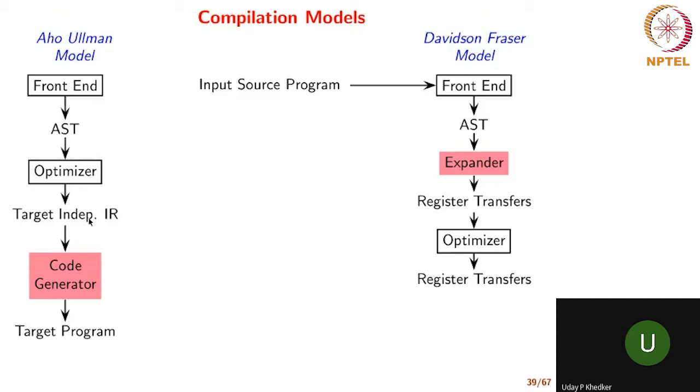Then the optimizations will be performed on register transfers, and then there will be a recognizer which will identify which of the machine instructions represent these register transfer language statements, and that's how we get the target program.